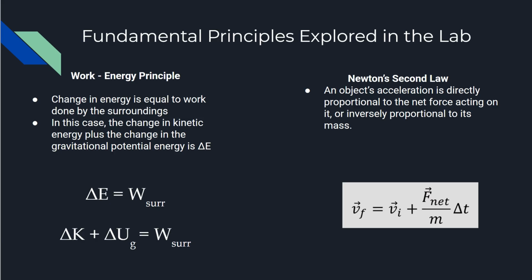But also, I want to talk a little bit about conservative and non-conservative forces. Drag force from air resistance is a non-conservative force, and you'll see that come into play later on in the results, where the change in total energy of the system was not zero.